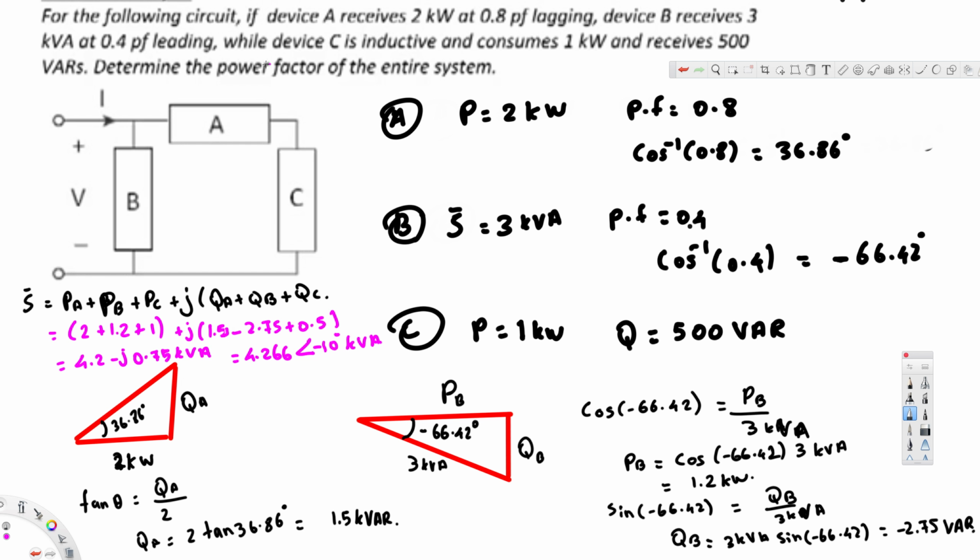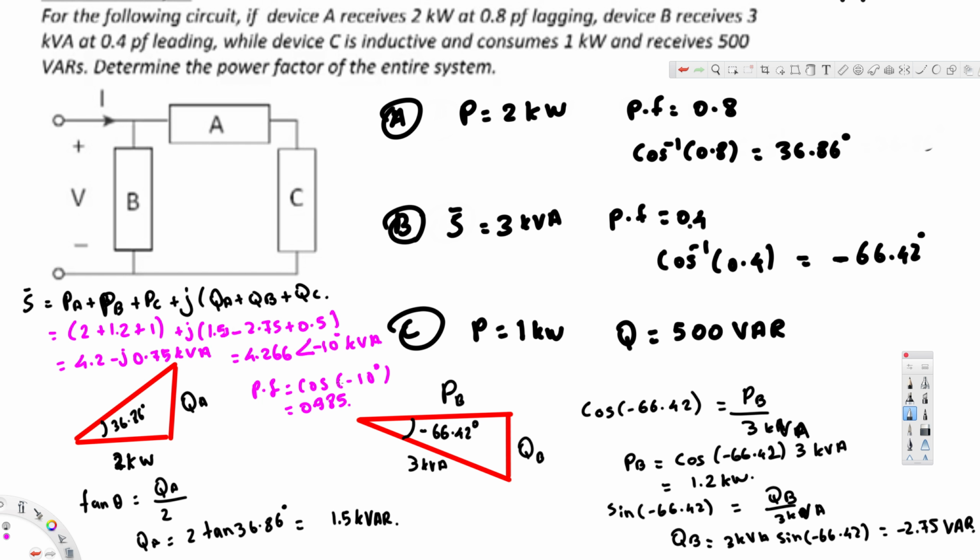Now we are interested in the total power factor, right? To calculate power factor, we take this angle and find the cos of this angle. So power factor is going to be cos negative 10 degrees, and if you calculate this one, you are going to get 0.985. Here we have lagging and leading.